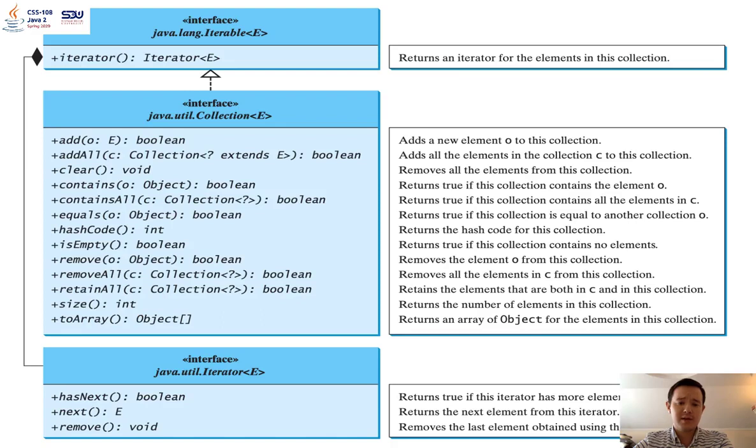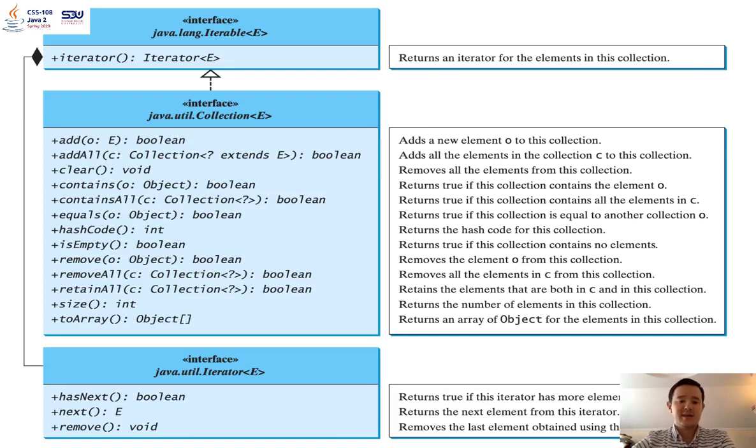We have a method called clear that removes all the elements. containsAll checks whether some certain element or elements are contained in this collection. equals checks if one collection is equal to the other. hashCode, we don't need this for now. isEmpty returns whether this collection is empty. removeAll removes elements from the collection. retainAll keeps elements in this collection that are also in collection c.